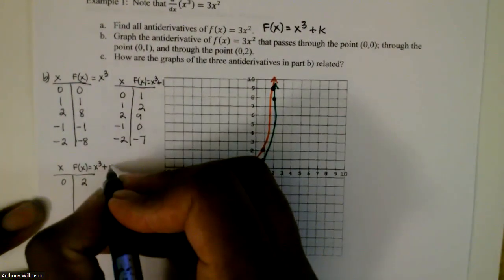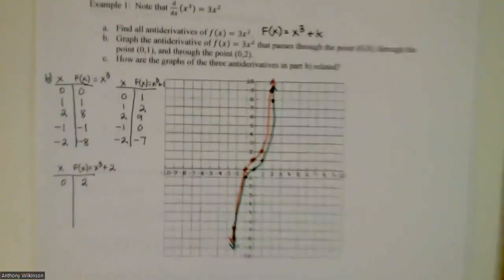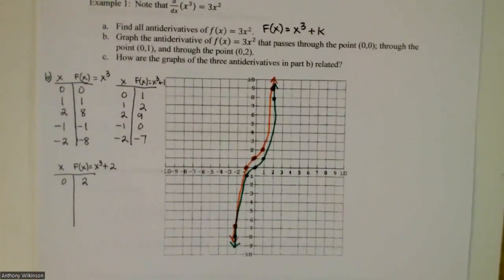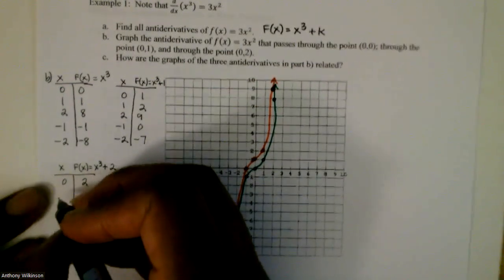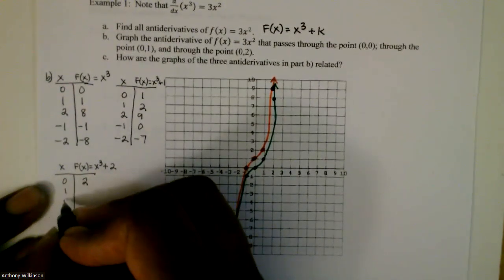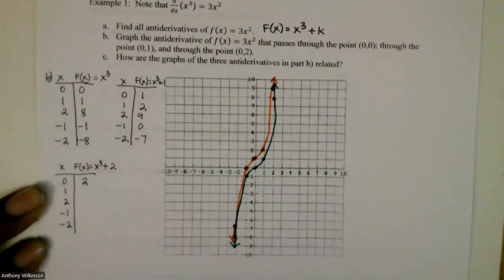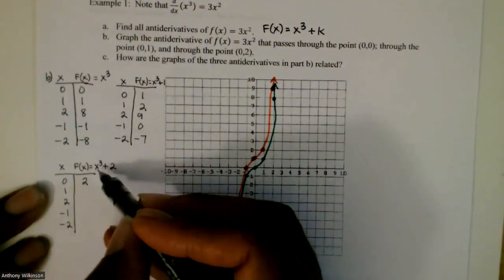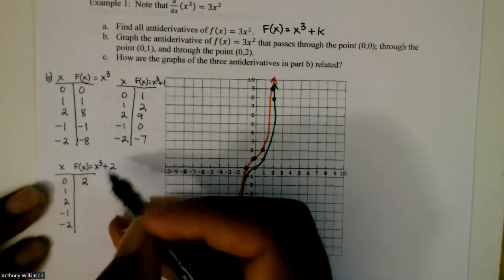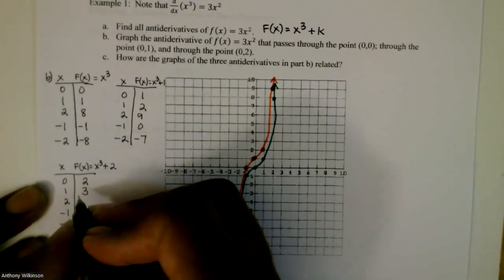For it to be 2, I had to add 2 to this function. So it'd be x cubed plus 2. And then I use my same x values, like 1, 2, negative 1, negative 2. So for x is 1, 1 cubed will be 1. 1 plus 2 will be 3.